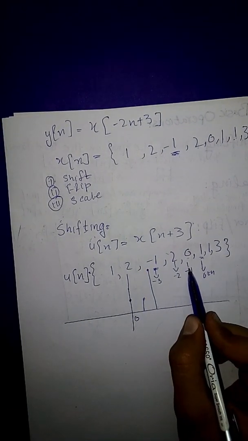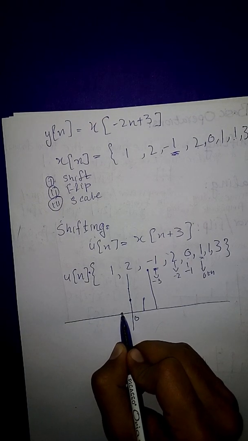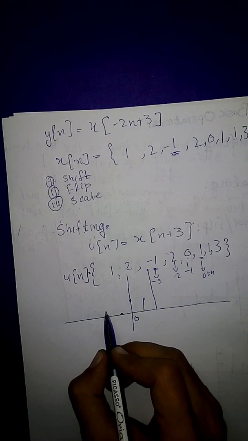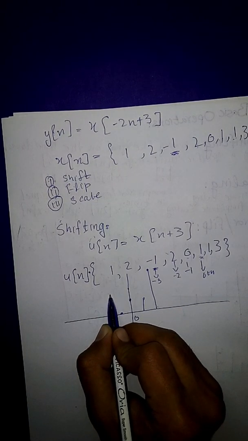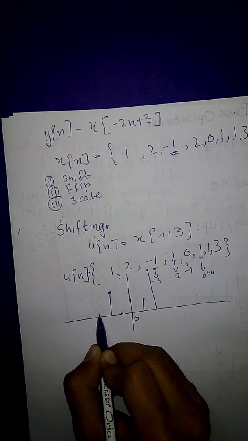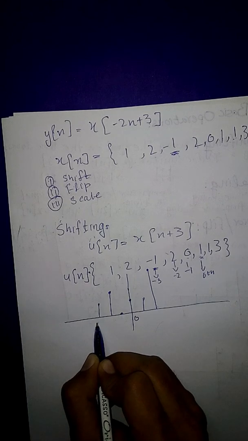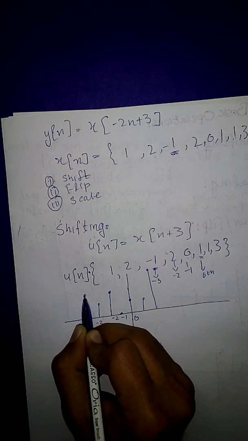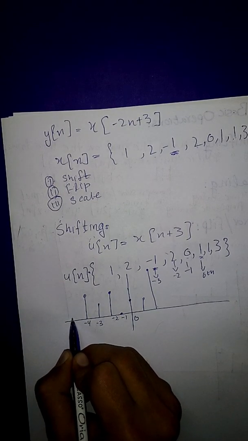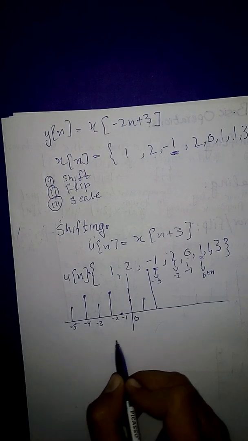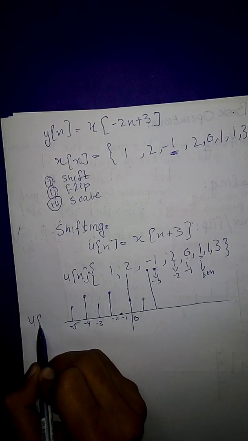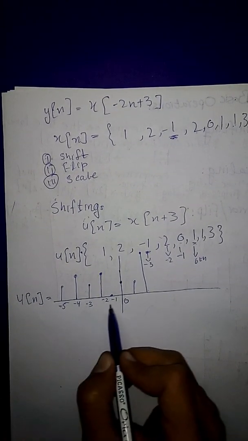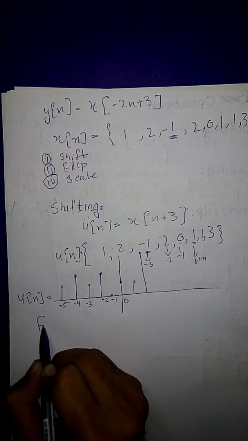On the other hand side we have 0 at minus 1, 2 at minus 2, minus 1 at 3, 2 at minus 4, 1 at minus 5. Now this is our signal U of n. This is the resultant signal representation.